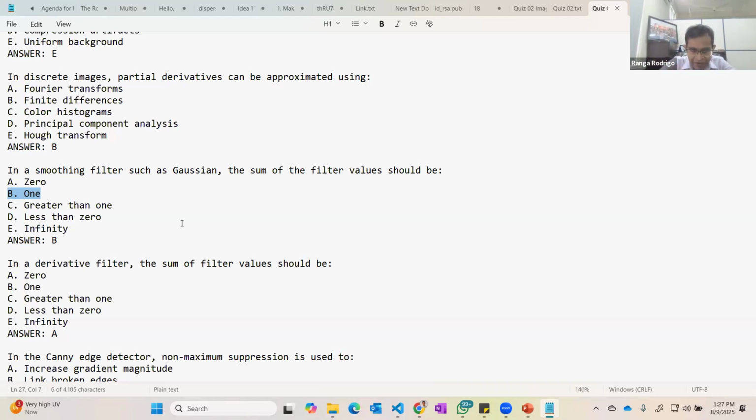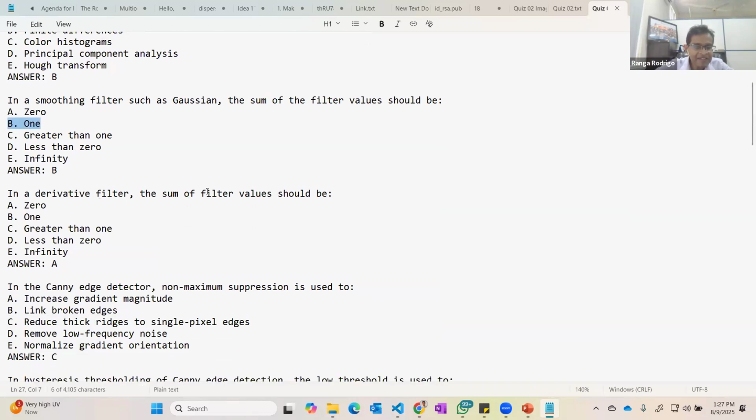Then you multiply them by the filter values and sum. If that sum is 2, finally you will get 255 times 2. That cannot be represented using the number representation mechanism in this case, right? Because of this reason, the smoothing filters must sum to 1.